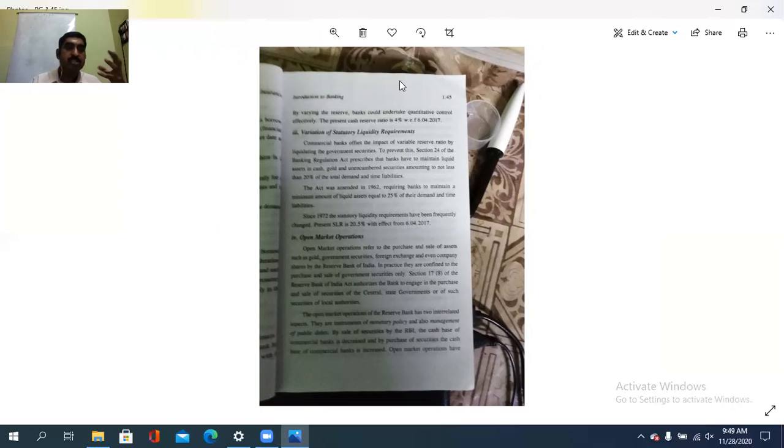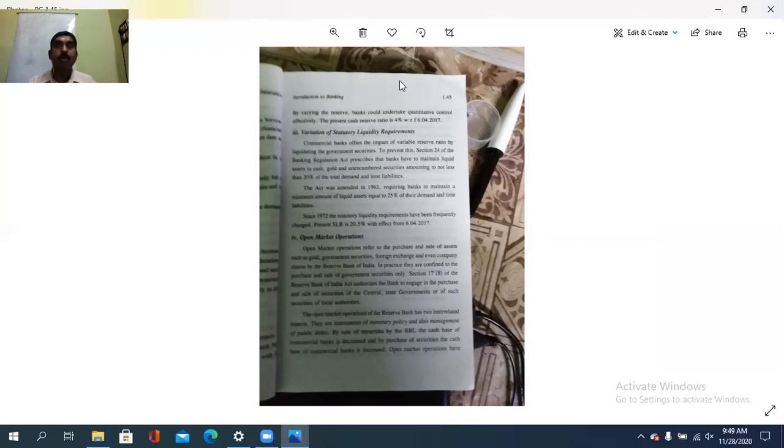So a percentage not less than 20% of the total should be maintained: gold, cash or unencumbered securities. Currently it is how much? 25%, and now changed to 20.5%. So that is the variation of the statutory liquidity requirement.